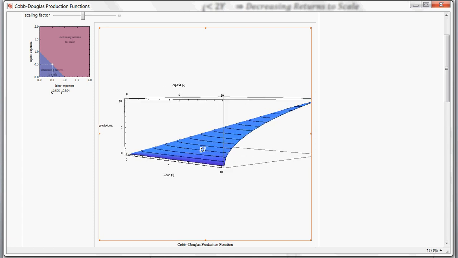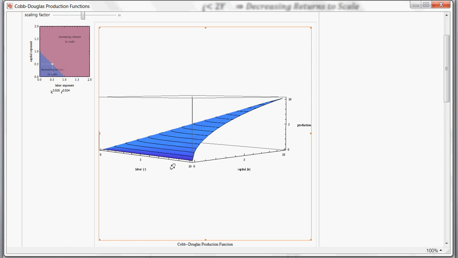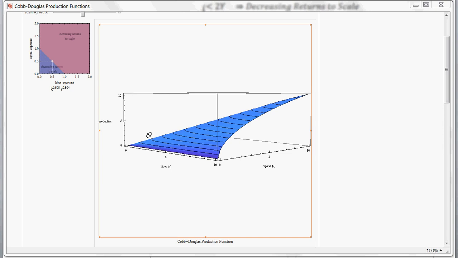Looking straight across this way, at labor of 5, this level of production is associated with capital at 5 as well. As we go up along this line, remember the height is the amount of production. As we tick along this height, both capital and labor are being increased by the same proportion.